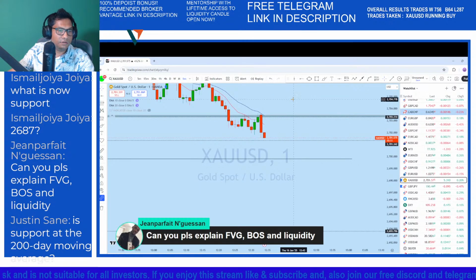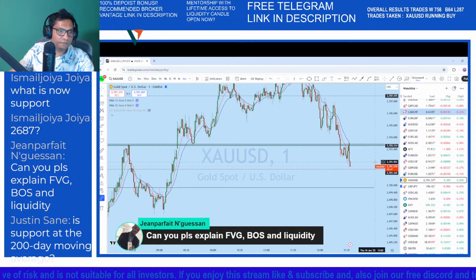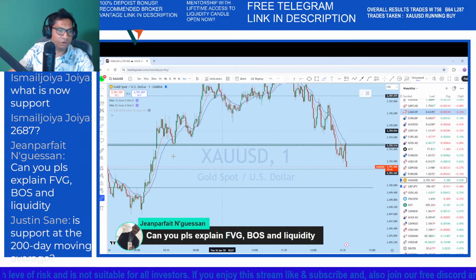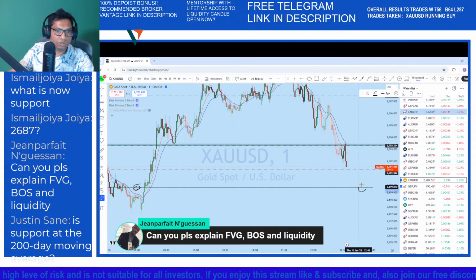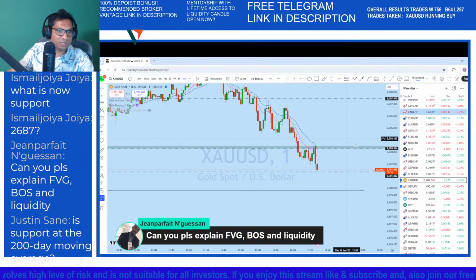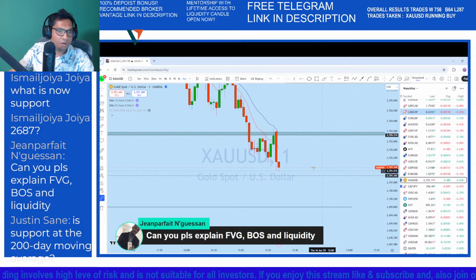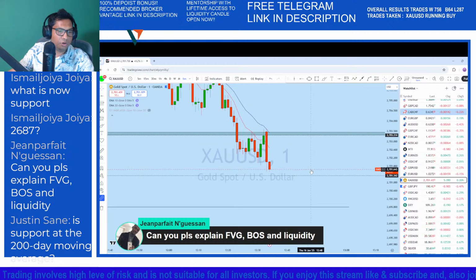This is the 1 minute, a bearish engulfer formed here, and here is the previous resistance, which is turning support, and with this resistance turning support, a bearish engulfer, multiple liquidity grab.